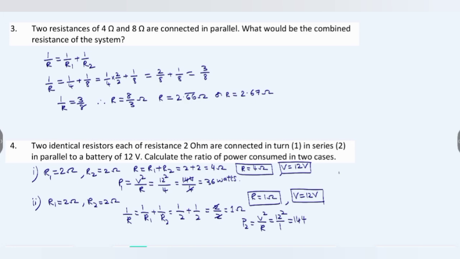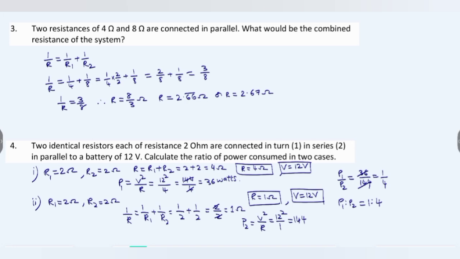Now the power ratio is P1 by P2, that is 36 by 144, which is 1:4. The ratio of powers in the two cases is 1:4. Hope you understood this well.